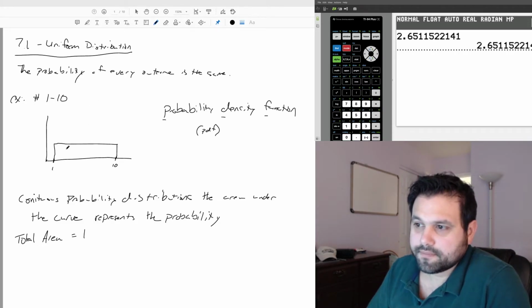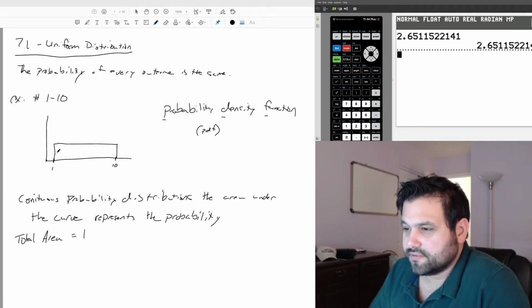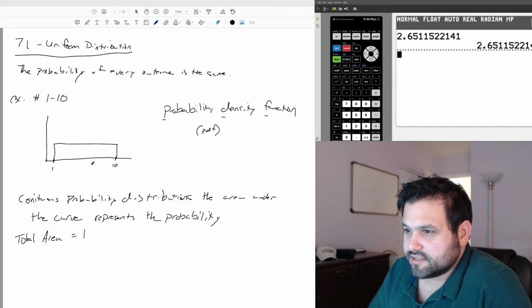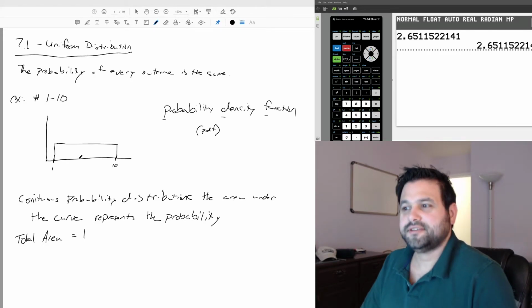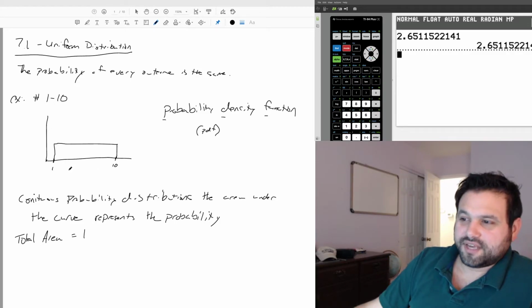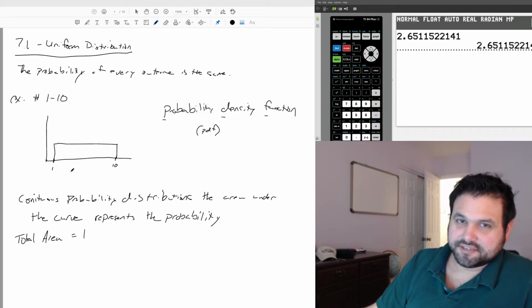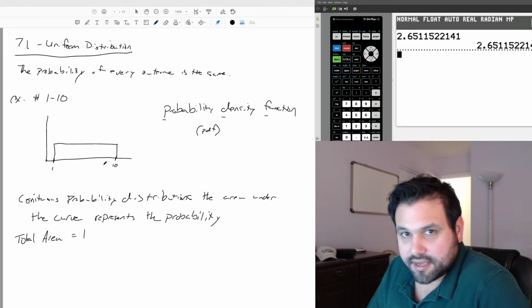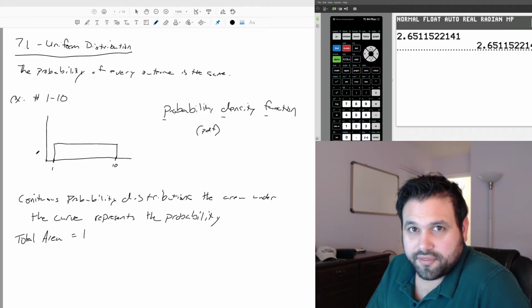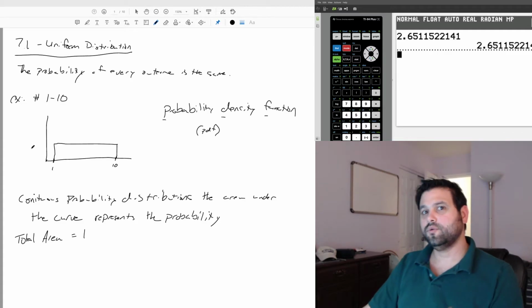So for example, back to picking a number 1 through 10, we know the length of this rectangle is 9, actually, because I didn't say 0 through 10. The idea is that we're going to multiply this length by this width, and it has to equal 1.